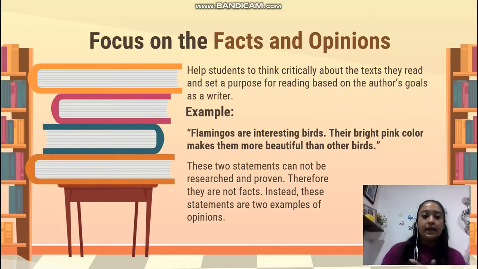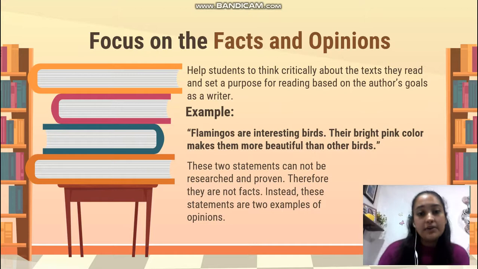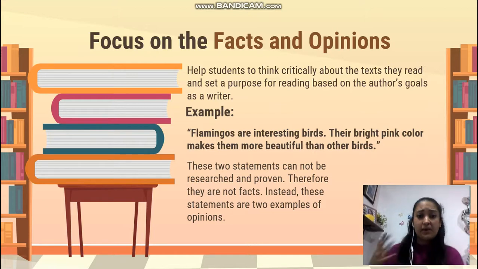Therefore, they are not facts. Instead, these estimates are two examples of opinion, because other people might disagree with them. For other people, flamingos are not beautiful, and the pink color doesn't make them more beautiful than other birds, and something like that.